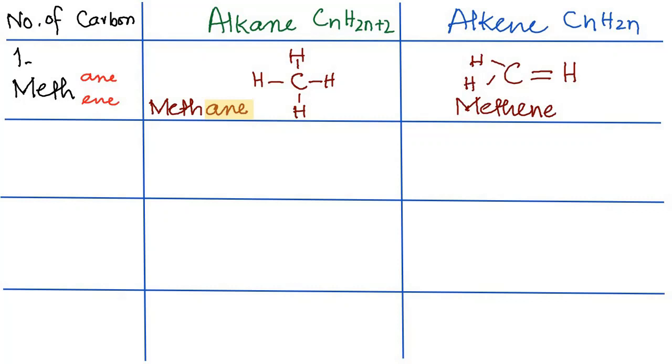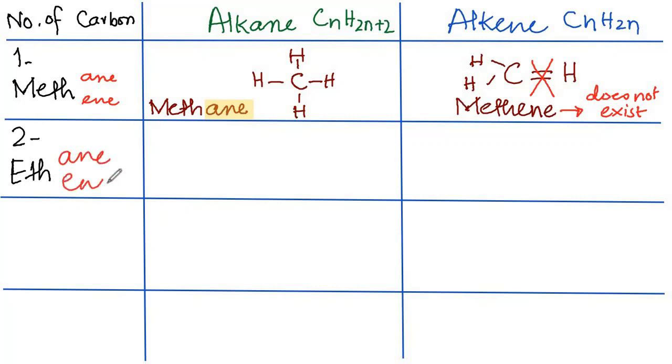Hydrogen's valency is 1, not 2. So methene does not exist. The next group of compounds we're going to talk about contains 2 carbon atoms. If we have 2 carbon atoms, the name has the prefix starting with ETH, eth.